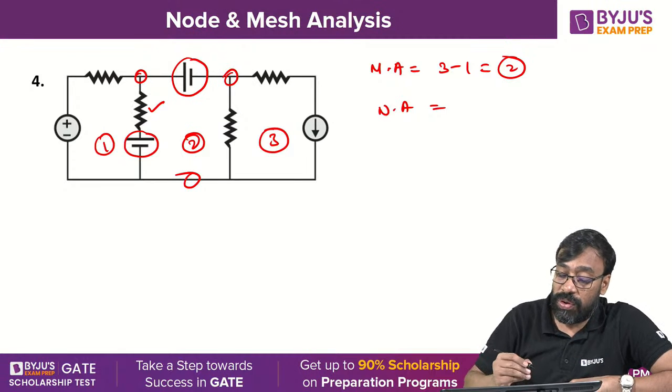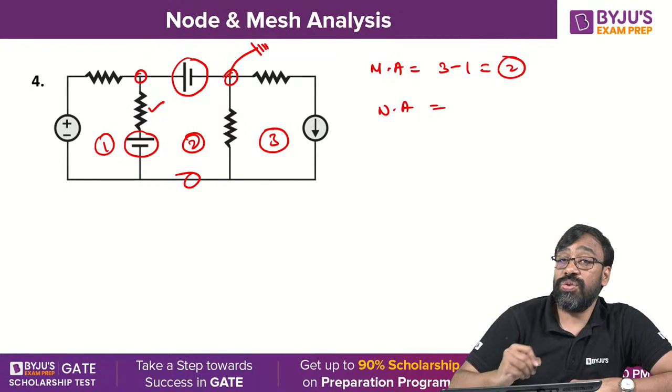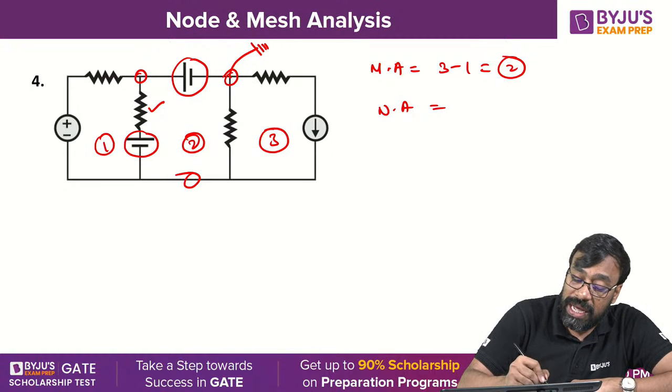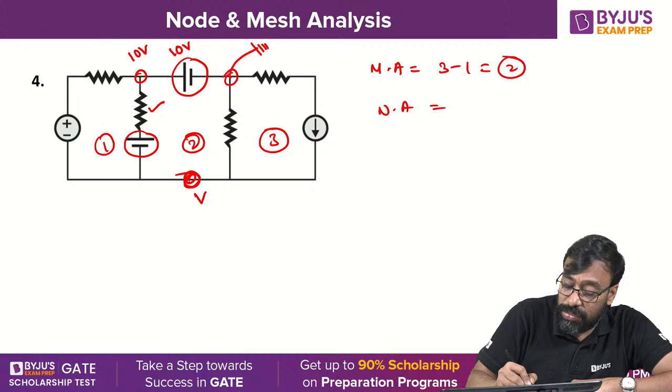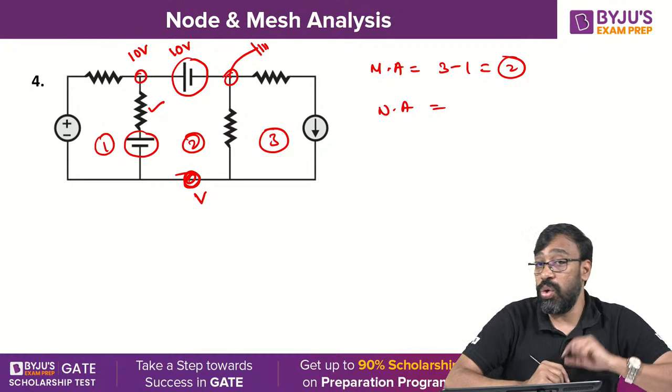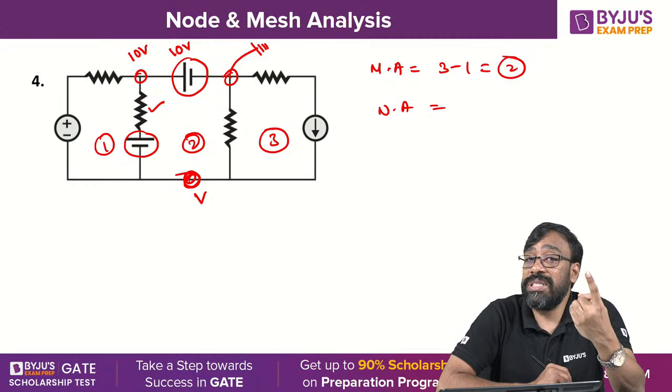Therefore, if you choose one of the terminals of the voltage source as a reference node, the other node voltage is obviously available. Only this node is not available here. Therefore, only one equation. Even though there are 3 nodes, only one equation is required.